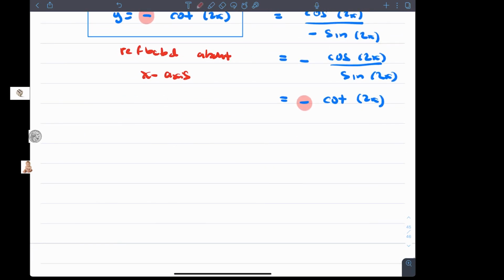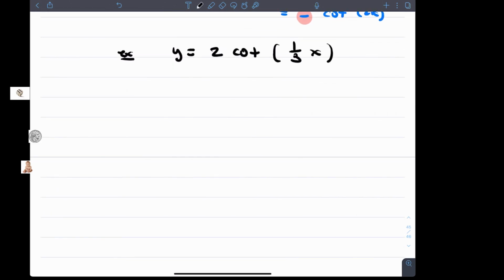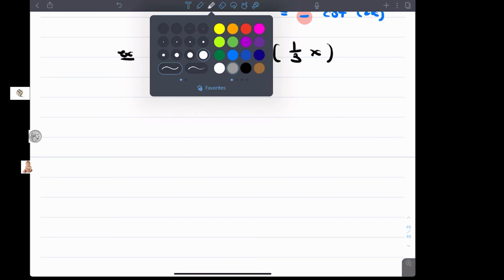All right, you guys okay with that? Easy breezy? Lemon squeezy still? So what they say, okay, give me 2 cotangent of 1/3 x. What's this k value?